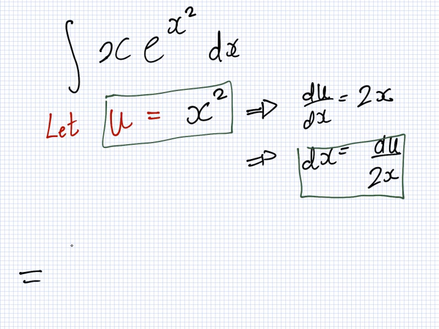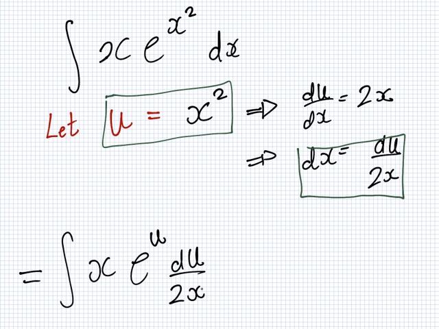The problem now becomes integrate x e to the u, du over 2x. We are not allowed to mix x and u. But that's not a problem here, because what happens? They cancel out anyways.